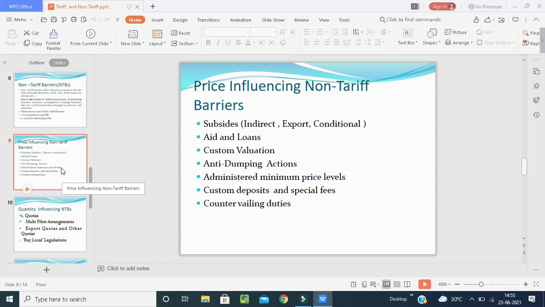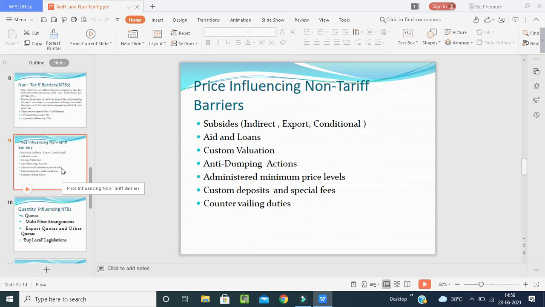In indirect subsidies, some of the inputs, that means expenditures, are borne by the government of a state or country out of public funds. In order to make international trade free, the WTO, World Trade Organization, is striving hard to reduce non-tariff barriers.